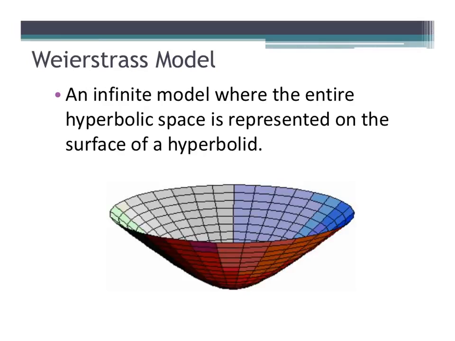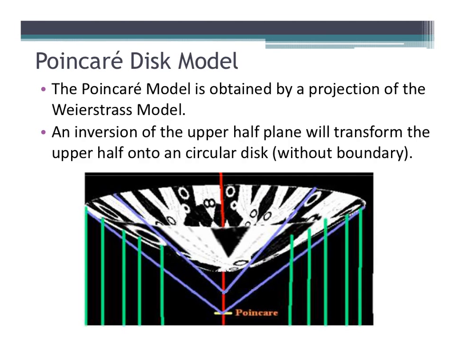This is an infinite model where the entire hyperbolic space is represented on the surface of a hyperboloid. This model will lead us to a second model that we will use to explore hyperbolic geometry for the remainder of the lesson. The Poincare disk model is obtained by a projection of the Weierstrass model.